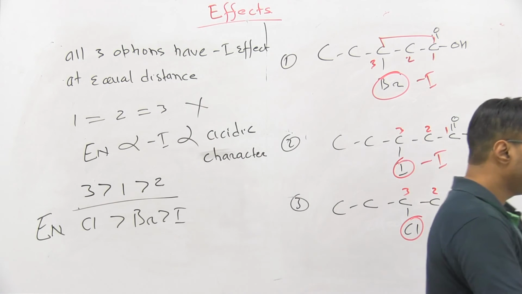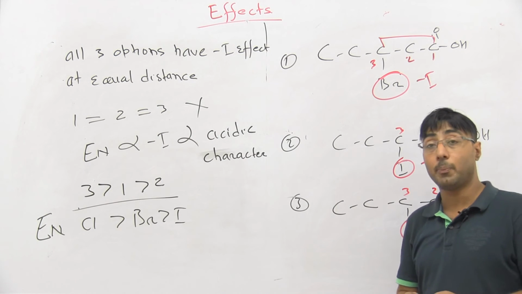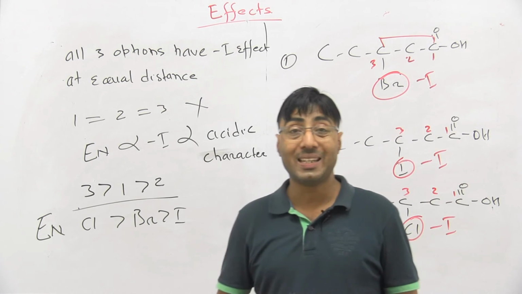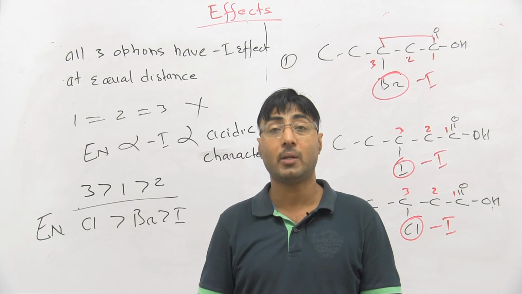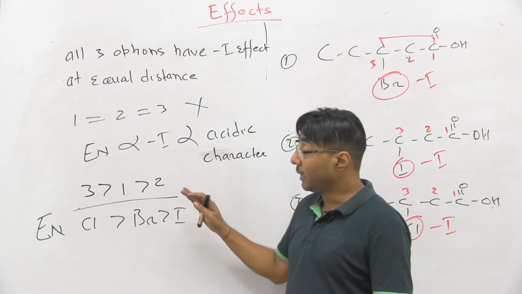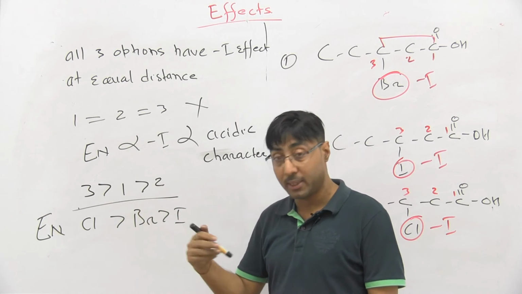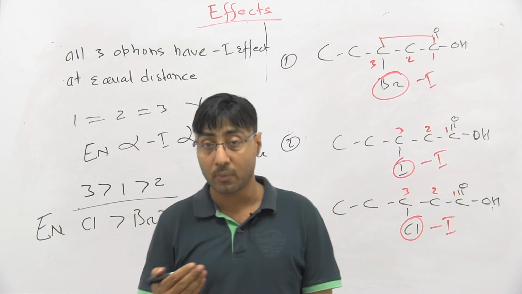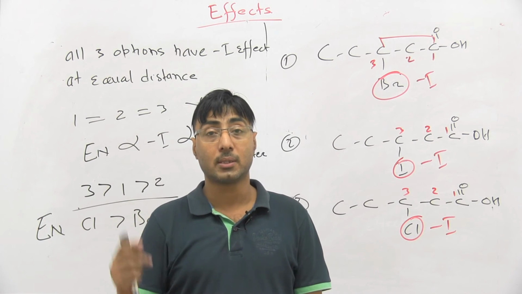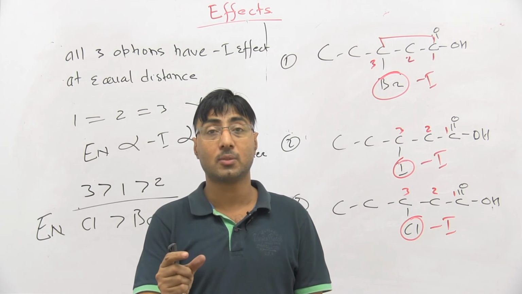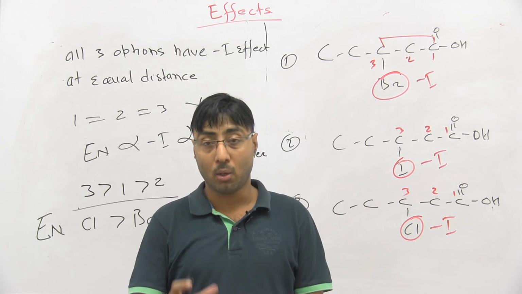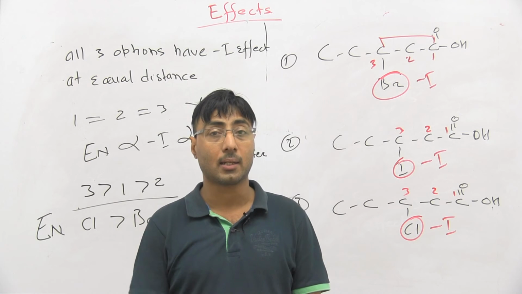So how did we decide? First we decided whether it has a positive I effect or negative I effect. Positive I effect will increase the basic character and negative I effect will increase the acidic character of the compound. If they have the same electron withdrawing group at different distances, then the shorter distance will increase the acidic character, and longer distance will decrease it.